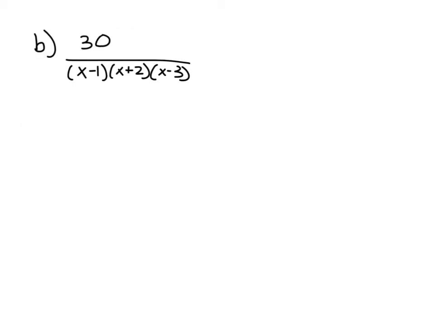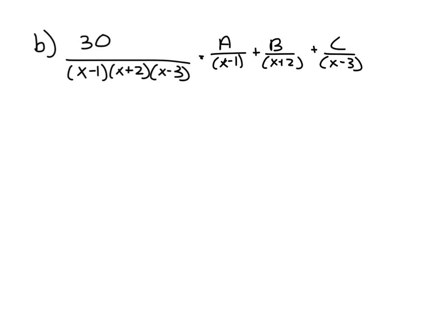Alright, so in this example I have more than 2 factors on the bottom, so for each factor I need to break it out like this. So I have A over x minus 1, and then plus B over x plus 2, and C over x minus 3.